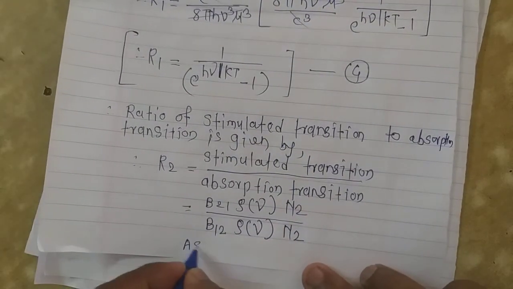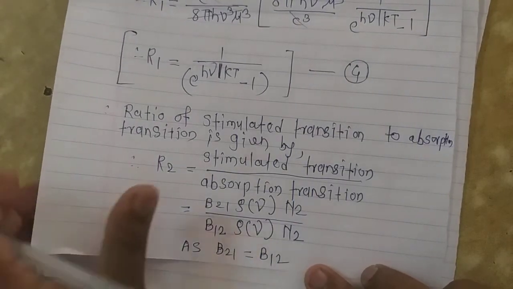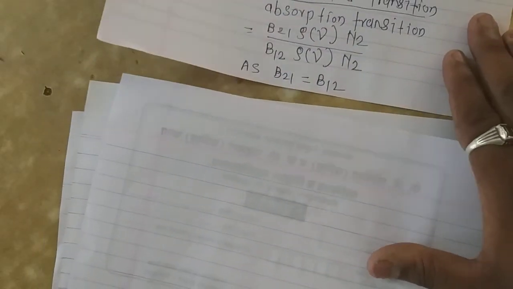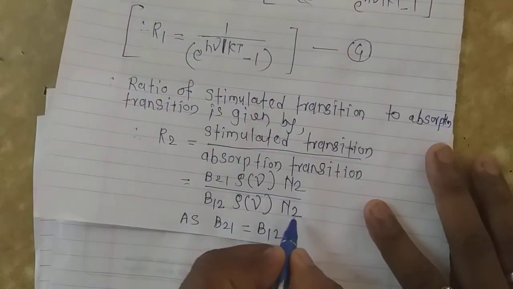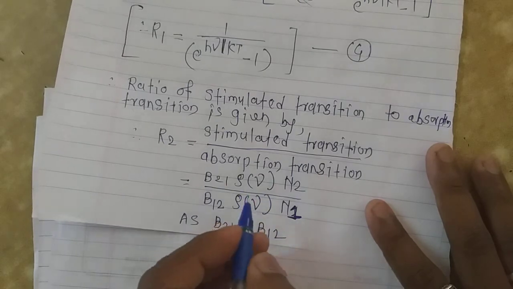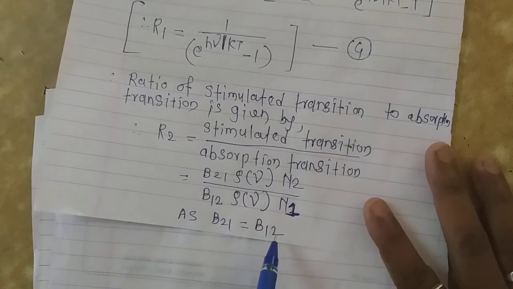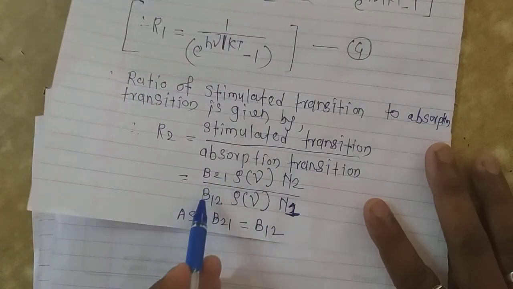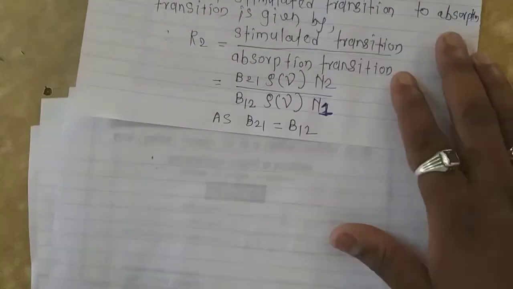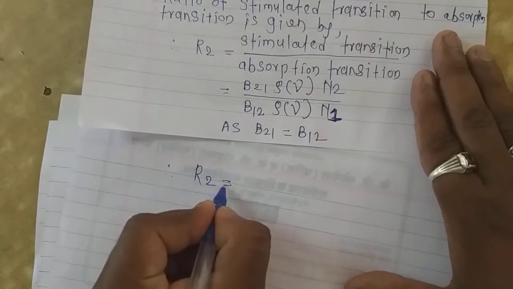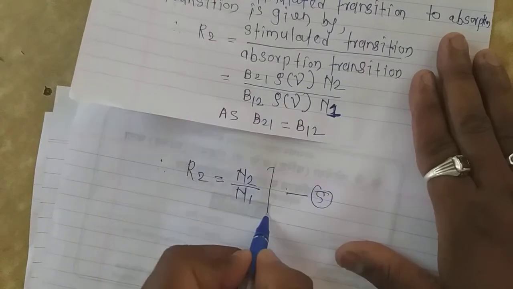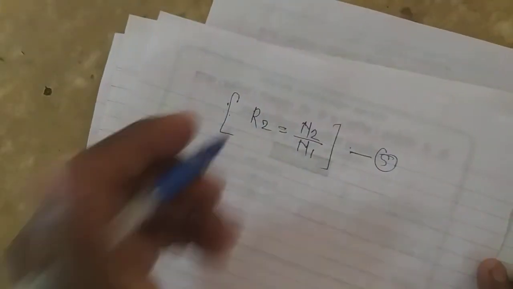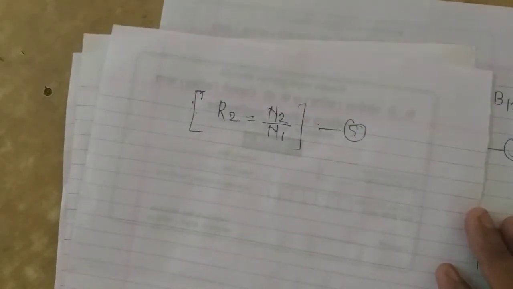But as B21 is equal to B12, that is an Einstein relation, B21 divided by B12 cancels, rho nu gets cancelled, then the remaining R2 is equal to N2 upon N1, equation number 5.